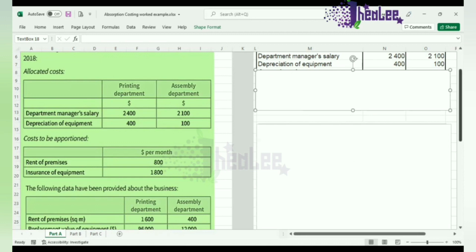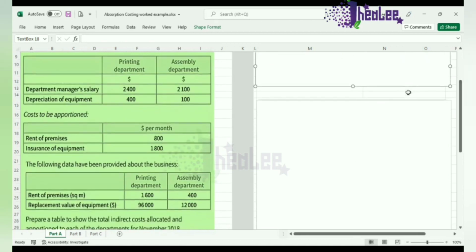And our information that we're going to pick up for this is the amount relating to the rent for the month. And we're going to use this information presented to us, rent of premises in square meters. The printing department uses 1,600 square meters, and assembly it is 400.